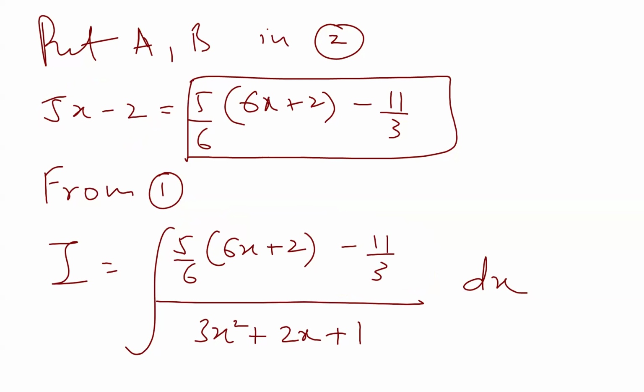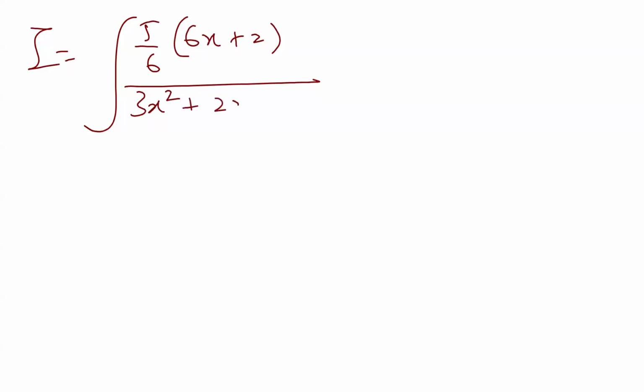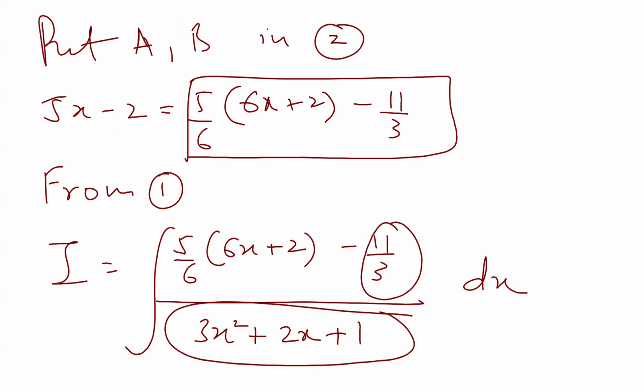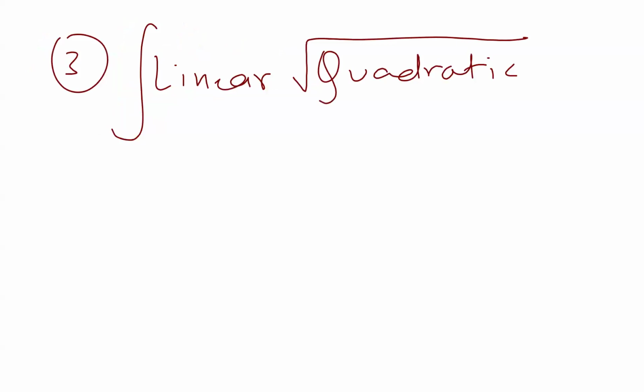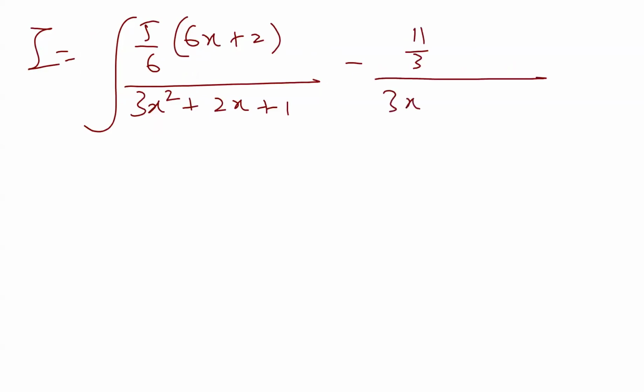Now I will split this into two parts. So this will be integration of 5 by 6, 6x plus 2 upon 3x square plus 2x plus 1 dx, minus 11 by 3 upon 3x square plus 2x plus 1 dx.